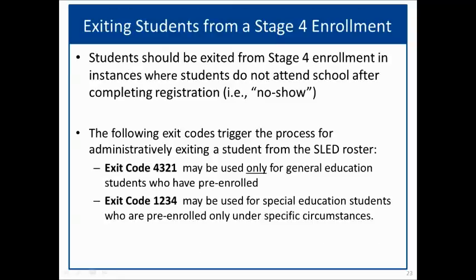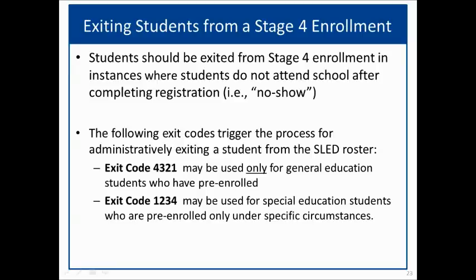You will have students that you pre-enroll who never show up, right? And you can exit students from a stage 4 enrollment if they do not attend after they complete the registration. They would be considered a no-show. And there are ways to process an administrative no-show. We have 2 exit codes that will begin the process to administratively exit a student from your SLED roster. Okay? The first exit code is 4321.